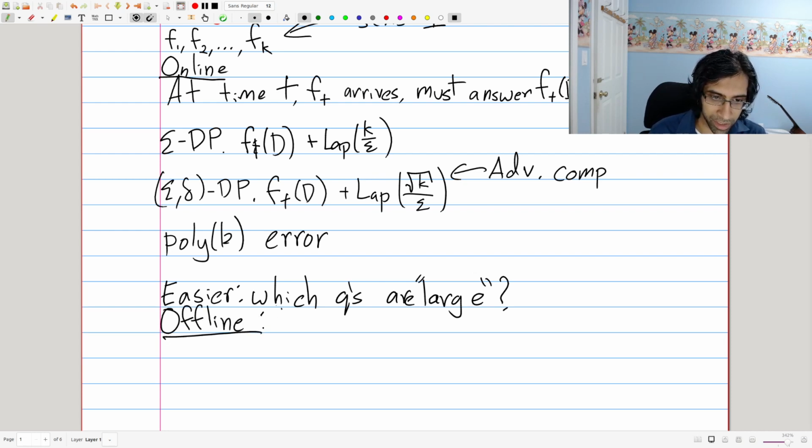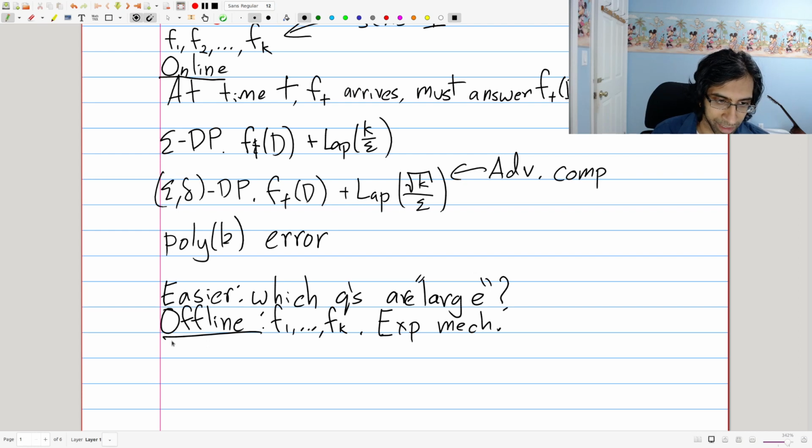In this case, you could take your f1 through fk, and you could run the exponential mechanism. Let's set it up the way we usually have.